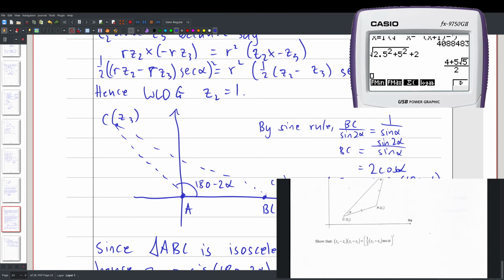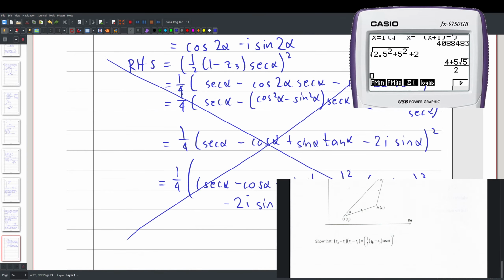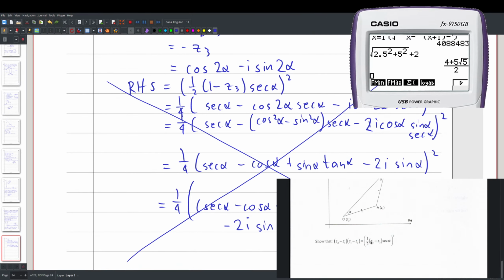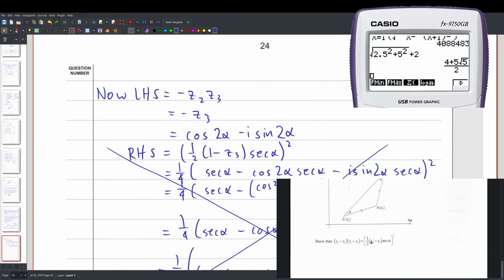Maybe that's the same thing that I got down below. Plus i sine. That's basically the same thing as I got down here. No, not really. Did I multiply by sec alpha too early? Maybe?